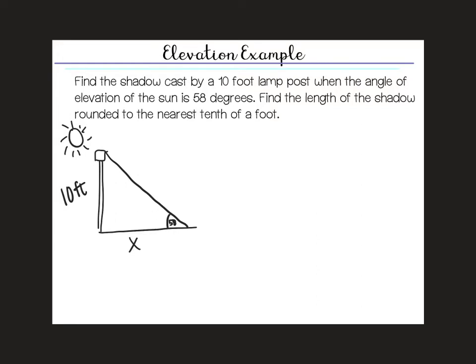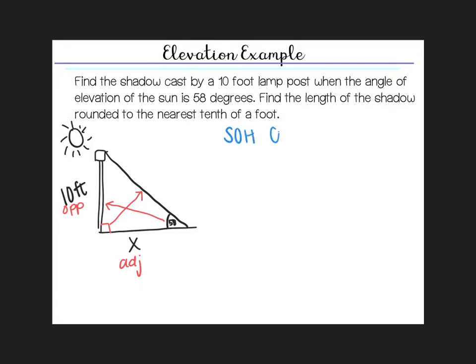Once you get your picture drawn correctly, the problems really aren't that bad because it's what we've been doing. So we're going to use trig to solve this. If I start labeling, I have opposite, hypotenuse, and adjacent. There's nothing out here labeled with the hypotenuse, so I'm not concerned about that side. Remember your formulas.